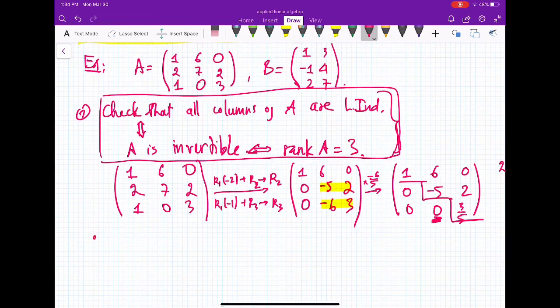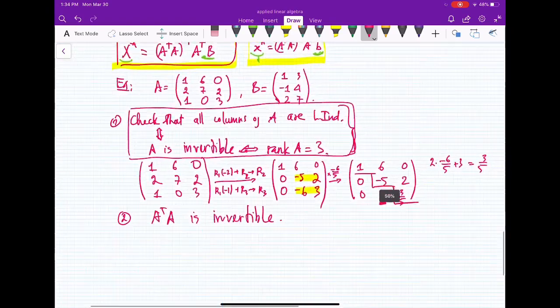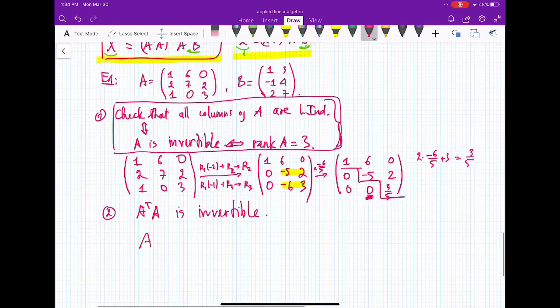Now we know that ATA is invertible, so we can solve this problem. I have to find AT. Let's find AT. AT is what? 160, 272, 103.